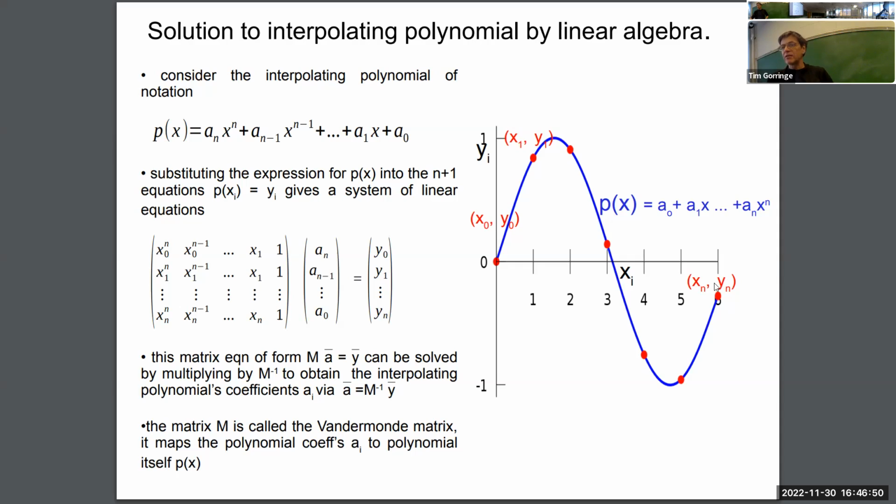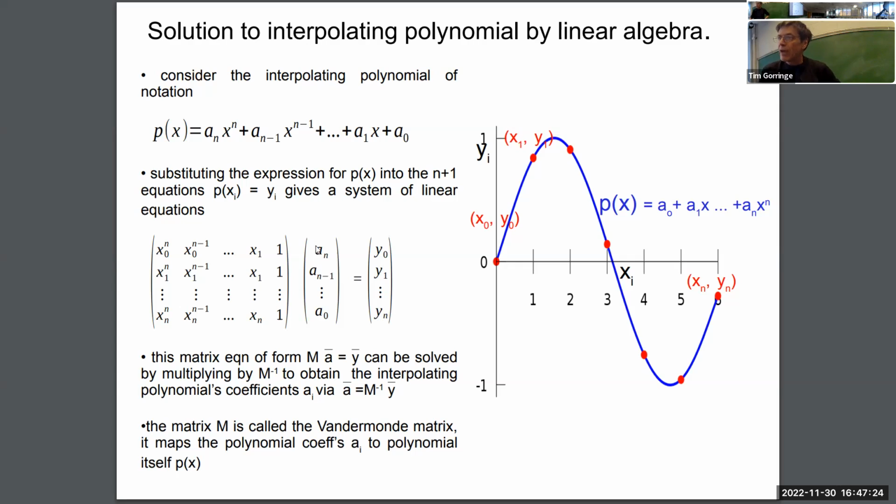So in this case, it'd be x to the power 6 through to x to the 0 in this column on the right. This vector here are the coefficients. So there's 7 coefficients for our data here that define the 7 terms in the polynomial. And then on the right of the equal sign here, this is the array of dependent variables in the discrete data, from y0 through to y6 in this case here.